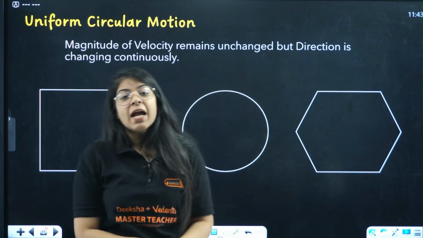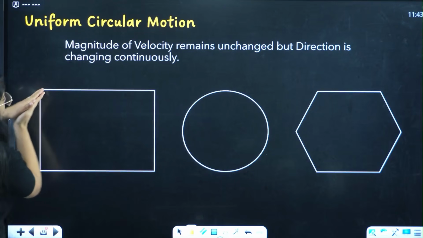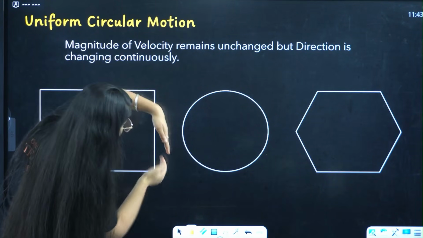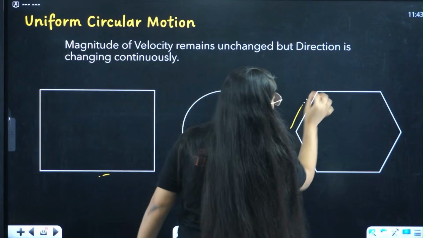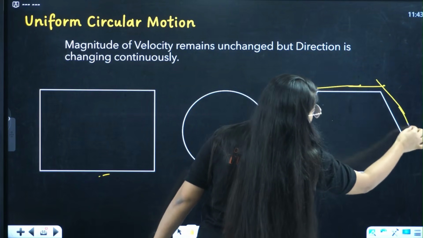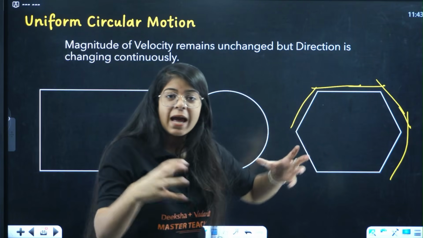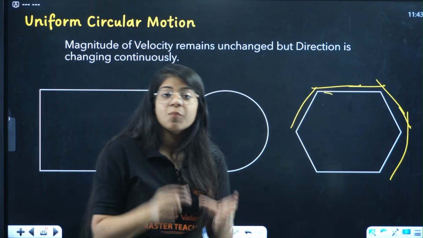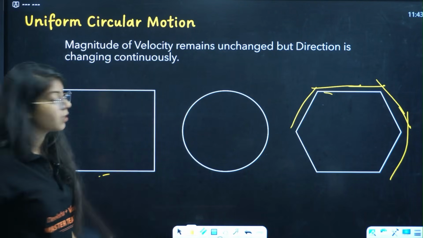In a square motion, you go straight, then you change direction. Go straight, change direction. Go straight, change direction. If you continuously add all these straight lines, the points where the direction changes start to increase, and that becomes a circle.